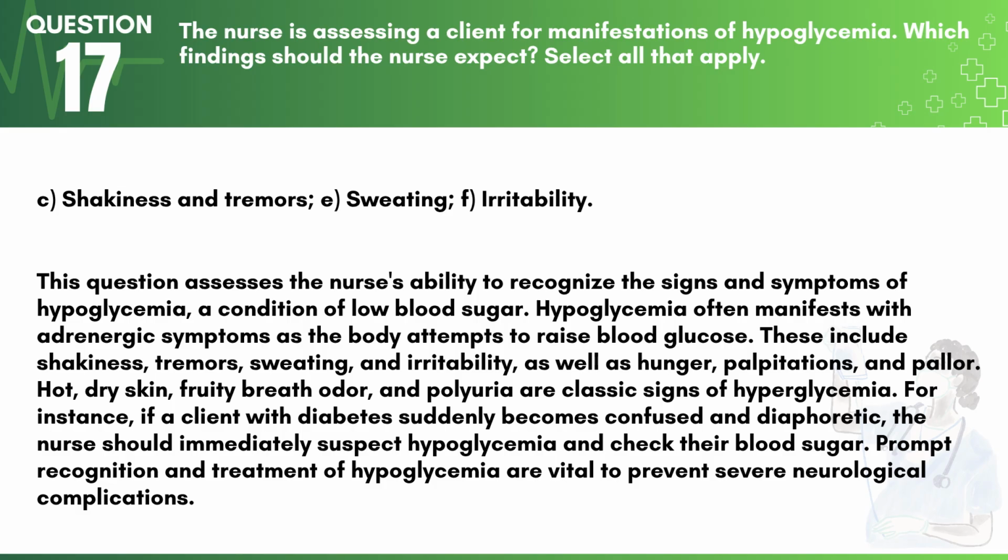Hot, dry skin, fruity breath odor, and polyuria are classic signs of hyperglycemia. For instance, if a client with diabetes suddenly becomes confused and diaphoretic, the nurse should immediately suspect hypoglycemia and check their blood sugar. Prompt recognition and treatment of hypoglycemia are vital to prevent severe neurological complications.